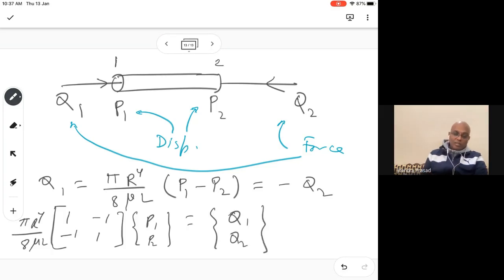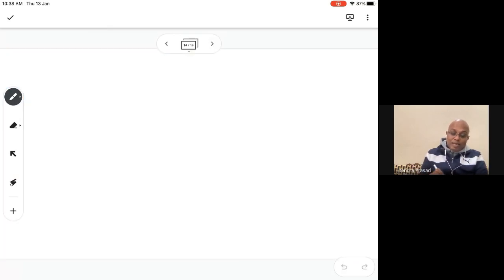This is the stiffness matrix, this is the displacement vector, and this is the force vector. Now you can assemble any kind of pipe system.